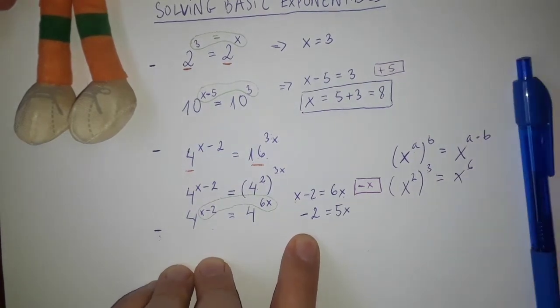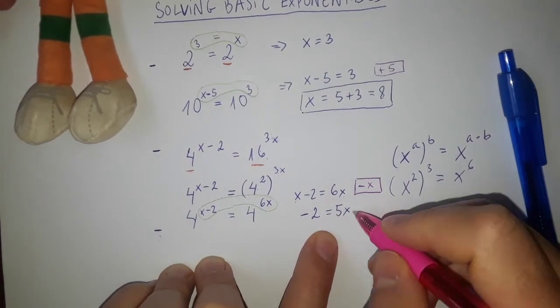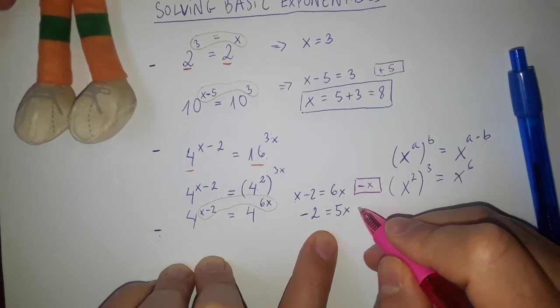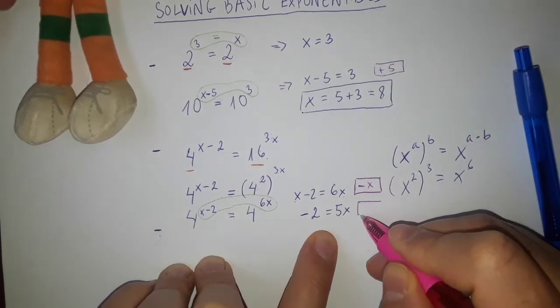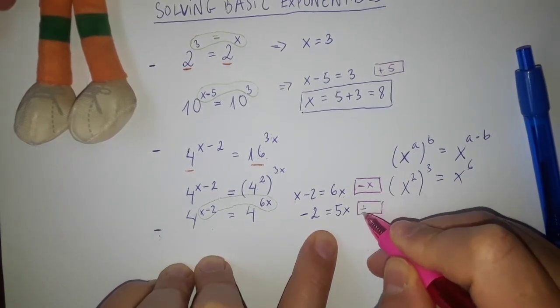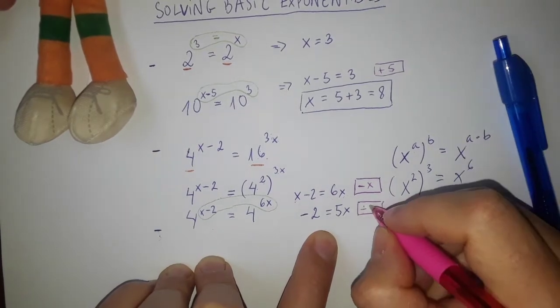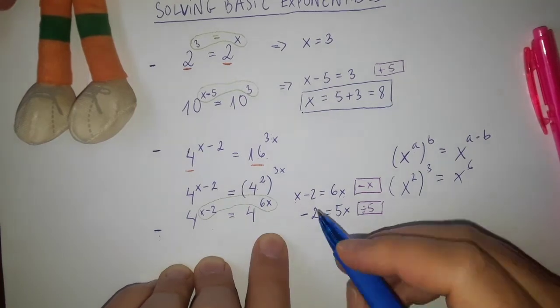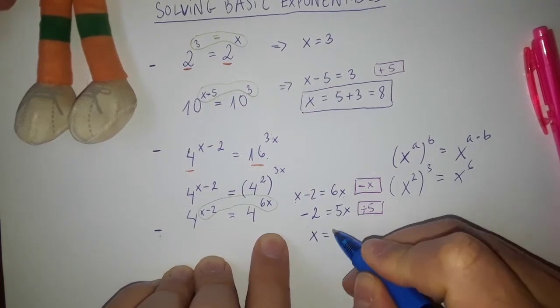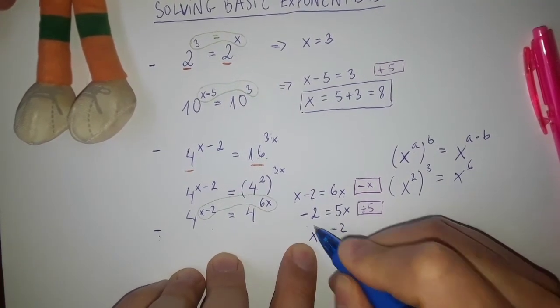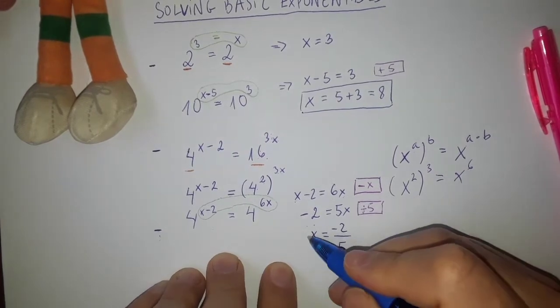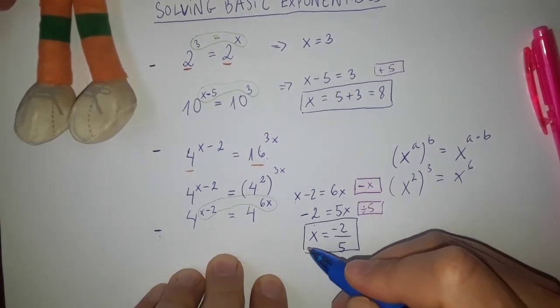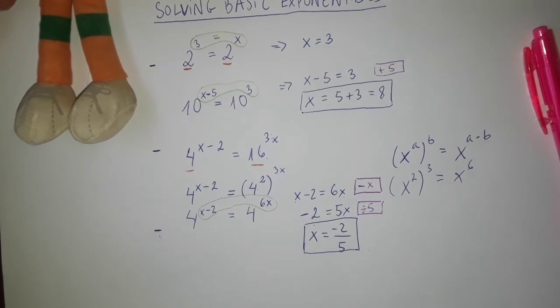And then the last thing, we have to get rid of this 5. To get rid of this 5, we need to divide both sides over 5. And so this 5 goes dividing to the other side, and we have negative 2 over 5, right? We're done with this example.